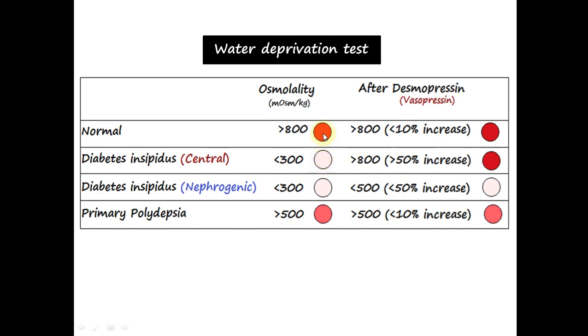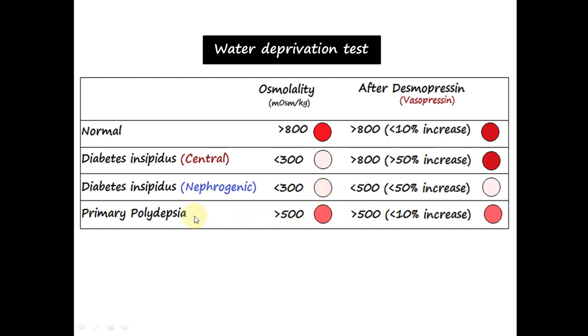Normally it should be hyperosmolar, but since there is no ADH, the urine will become hypoosmolar. The same is the situation in nephrogenic diabetes insipidus. Because of lacking the action of ADH, there is no reabsorption of water and hypoosmolar urine is passed.